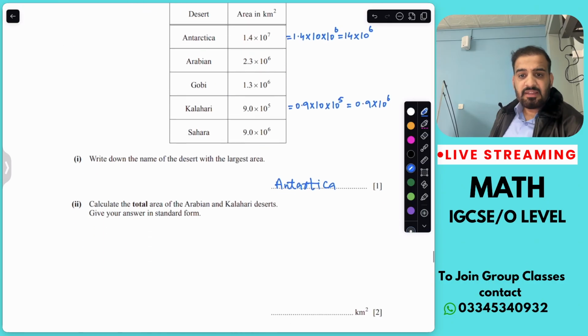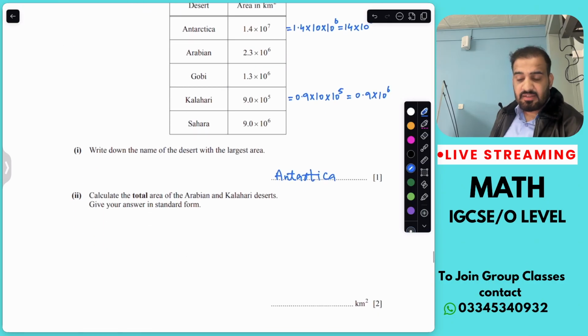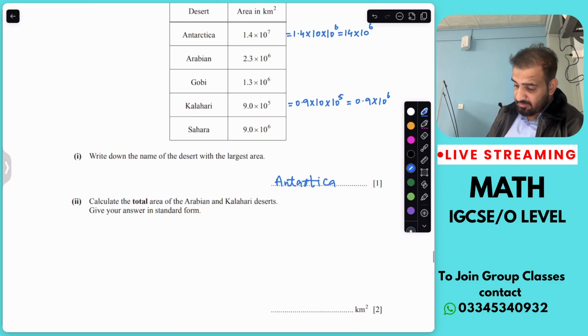Calculate the total area of the Arabian and Kalahari deserts. Arabian and Kalahari, it means you will simply add. Arabian is 2.3 times 10 raised to power 6 plus 9.0 times 10 raised to power 5.